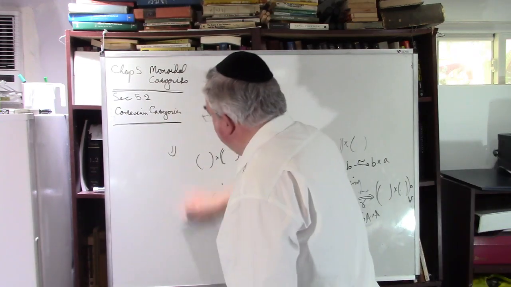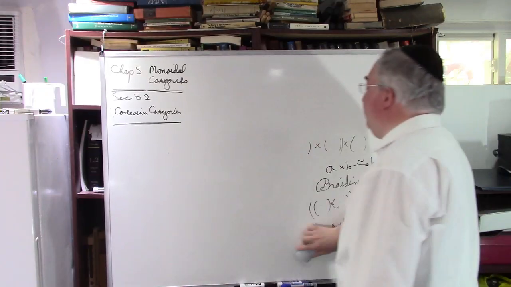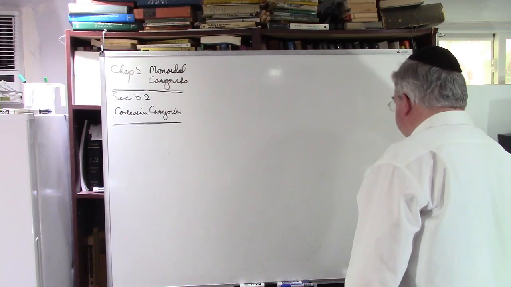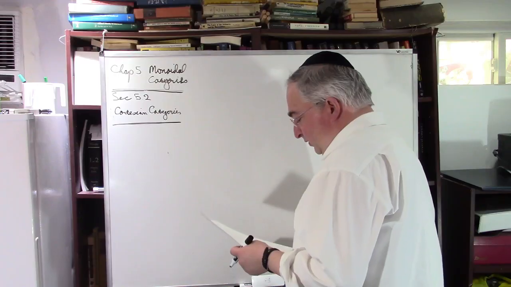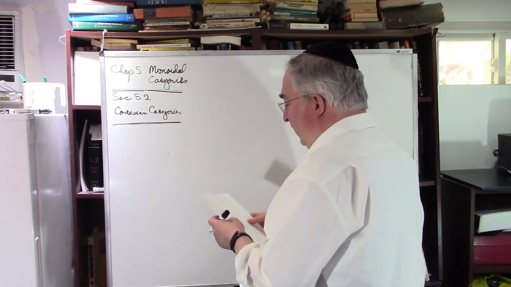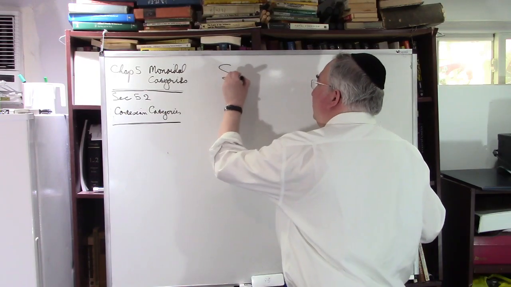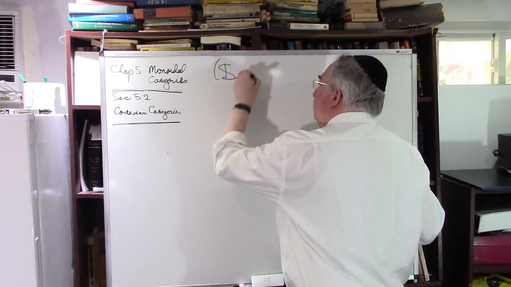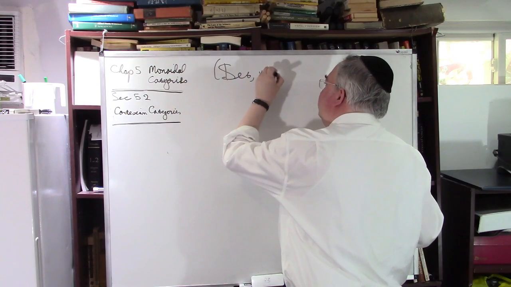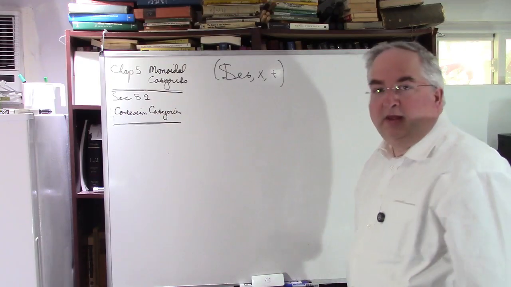Okay, great. So let's go through a ton of examples of Cartesian categories. And there's a lot. You ready? Set with the Cartesian product and the terminal object. That works.